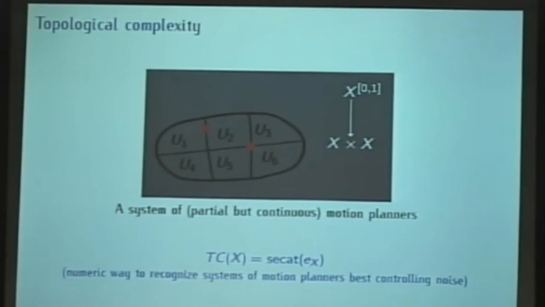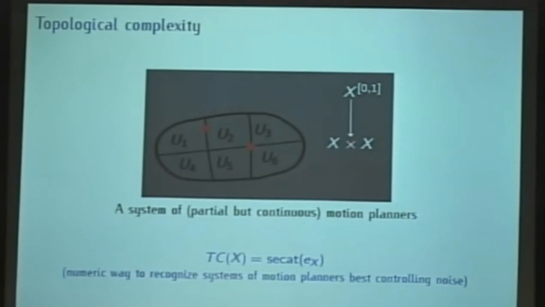For people that are not quite familiar with this concept of sectional category, let me just say very briefly what this amounts to. Essentially, here's a picture of the space of states of a given robot, and that has been divided into 6 chunks, 6 pieces.